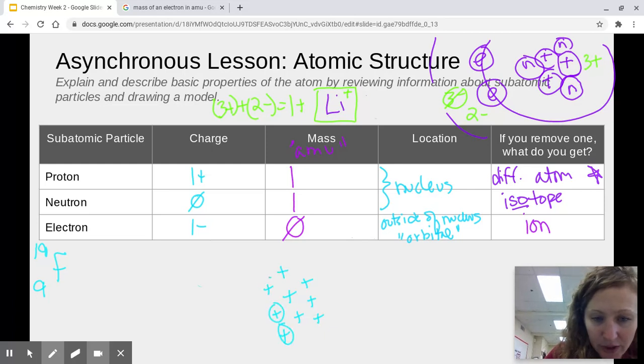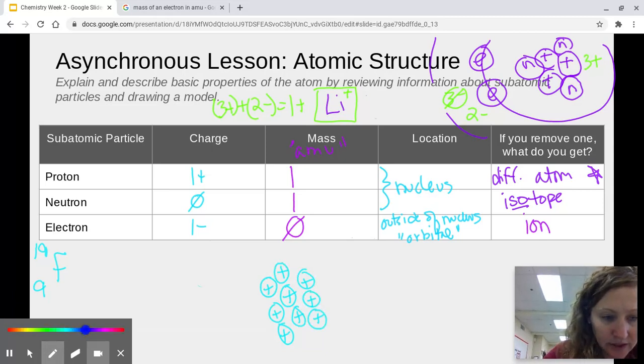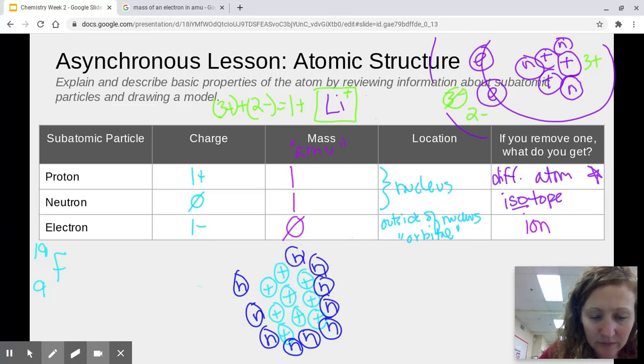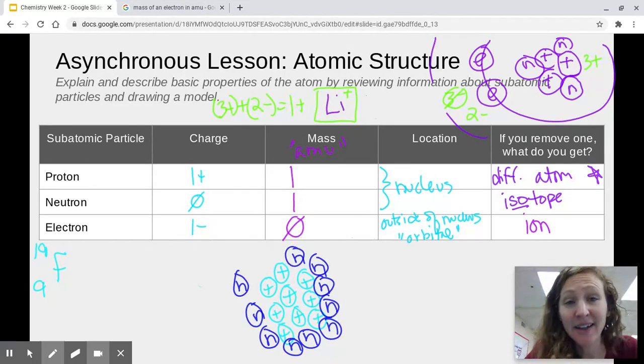All right, fluorine should have 9 protons in the nucleus. It should have 10 neutrons in the nucleus.